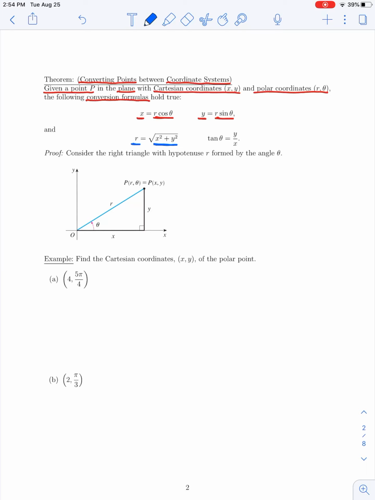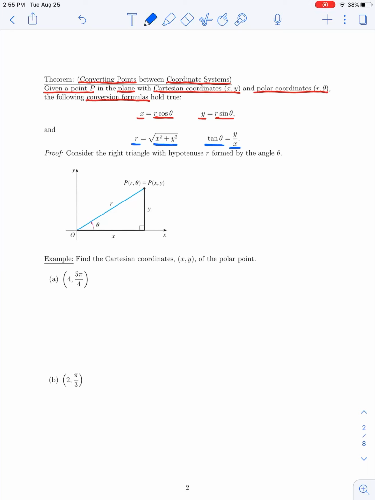And theta, the angular coordinate, can be found by solving the equation tangent of theta is equal to y over x.